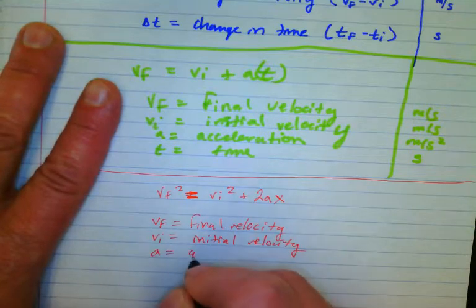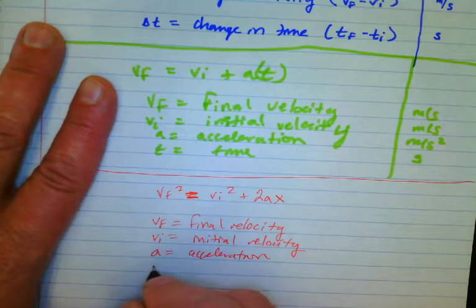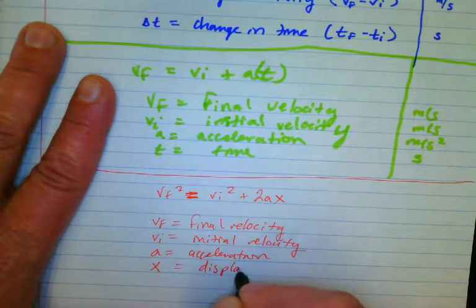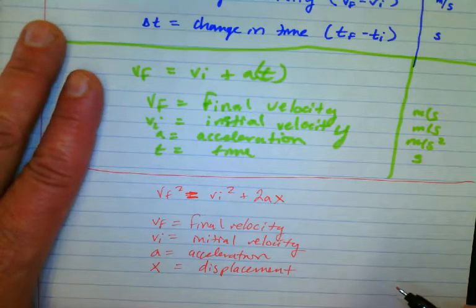A is acceleration. And X, sometimes you might find a triangle in front of the X. Sometimes you might not. But X is displacement. So your change in position.